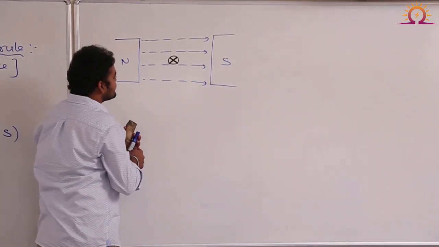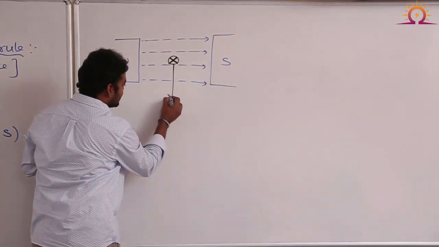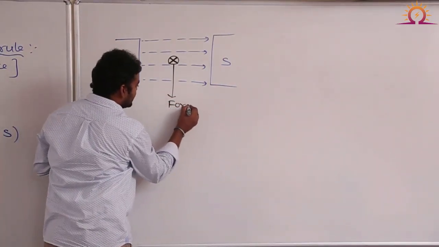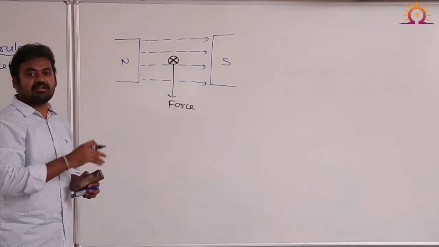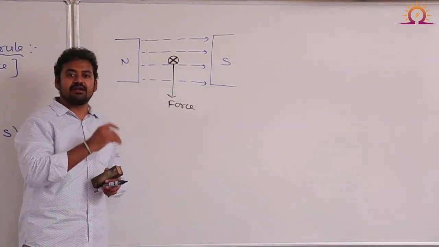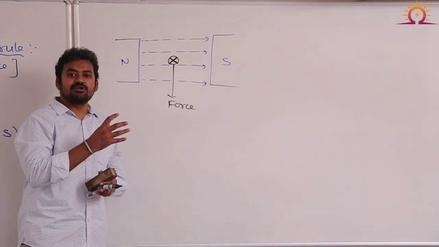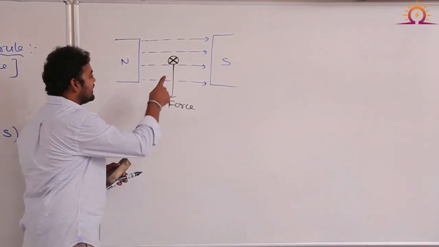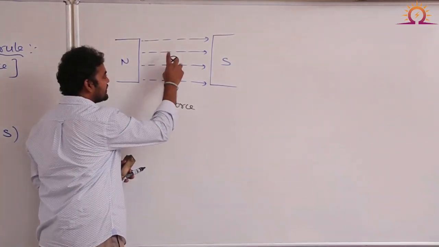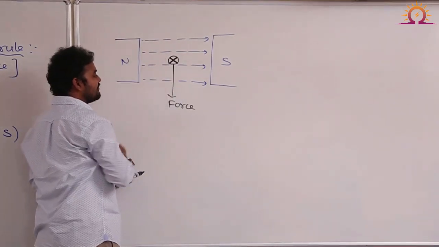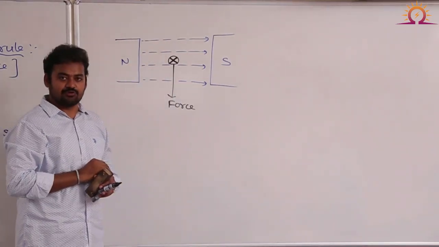So the force experienced by this conductor is downward. This force is called electromagnetic force because it is due to the interaction between the current carrying conductor and magnetic field.